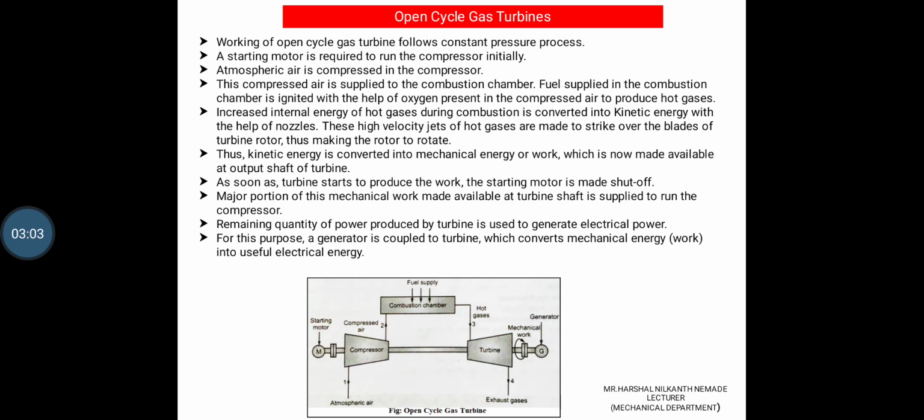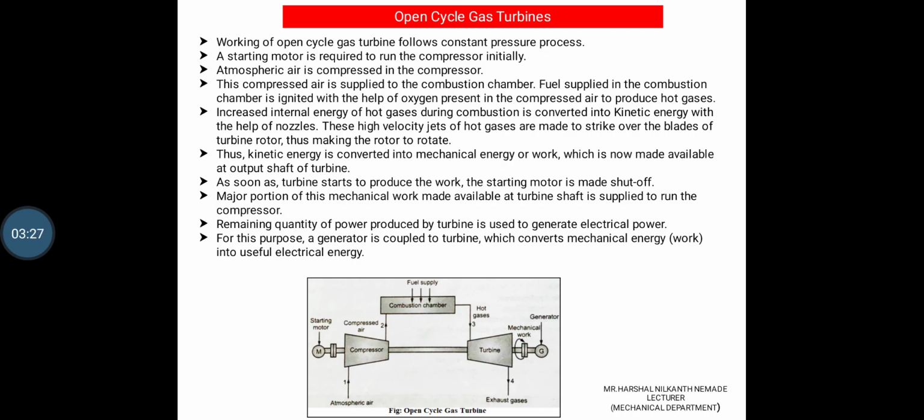This high velocity jet of hot gases is made to strike the blades of the turbine rotor, thus making the rotor rotate. Thus, the kinetic energy is converted into mechanical energy or work, which is now made available at the output shaft of the turbine. As soon as the turbine starts to produce work, the starter motor is shut off.